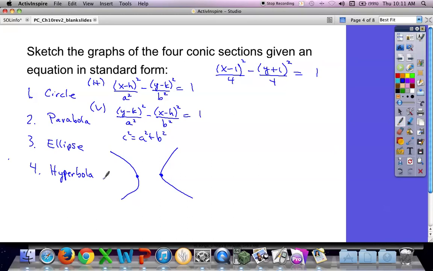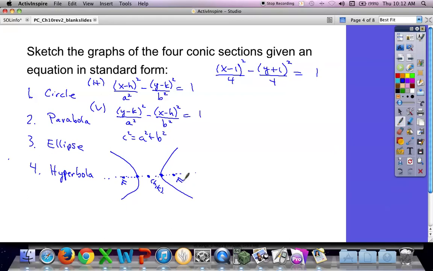And if you connect them with a line, that line is called the transverse axis, not the major axis, transverse axis. The center is right in the middle of those two, right? That's your (h, k). It has two foci. One of them is in each branch of the hyperbola.